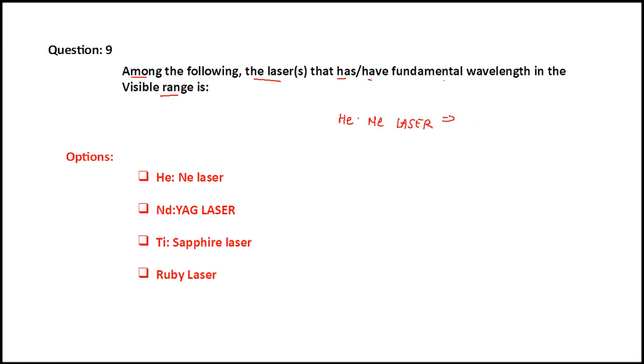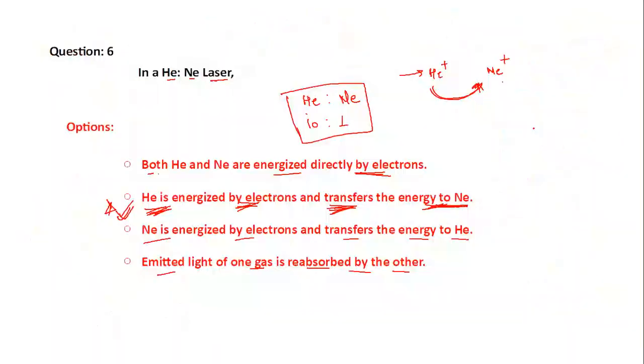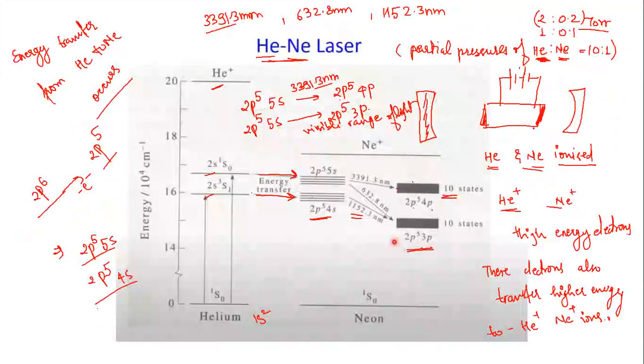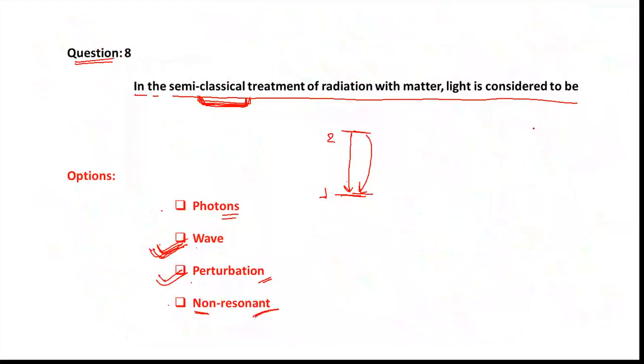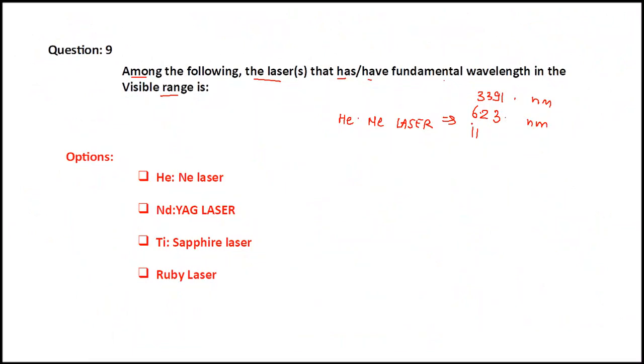I told you there are three different values: 3391 point something nanometer, the second one was 623 nanometer approximately, and the third one was 1152.3.